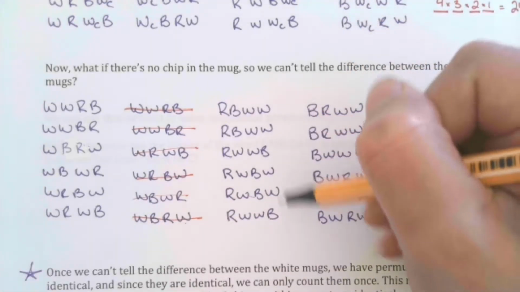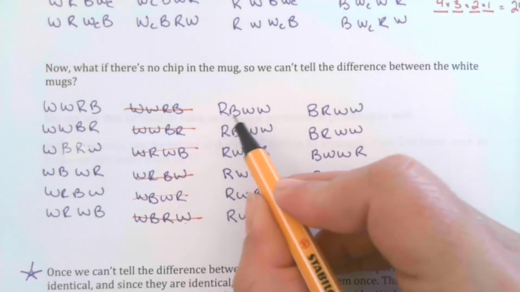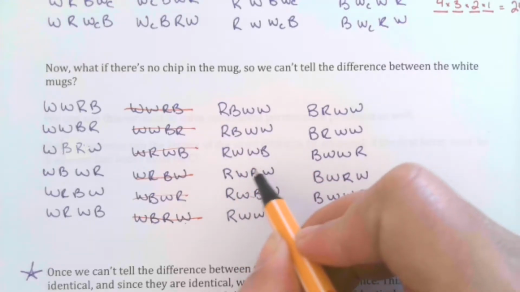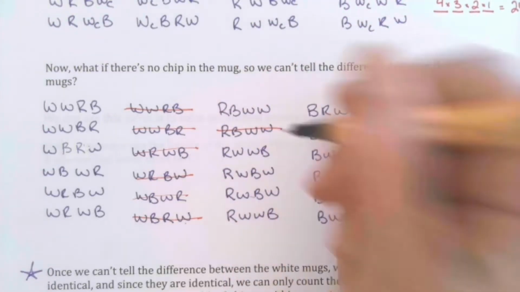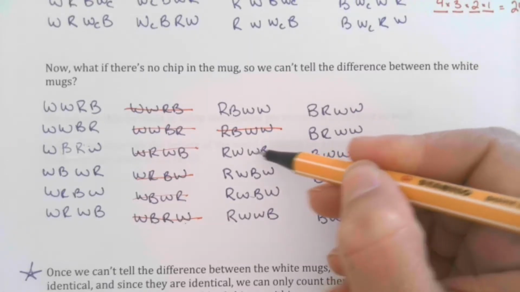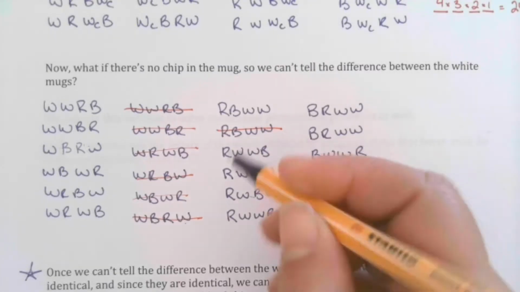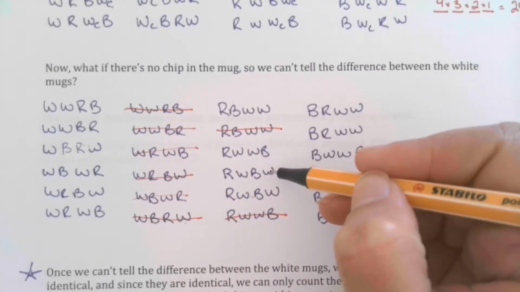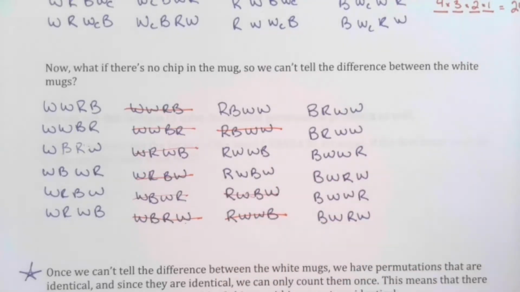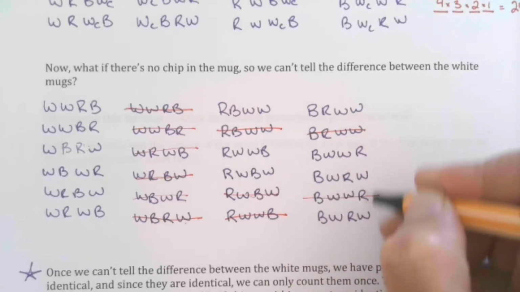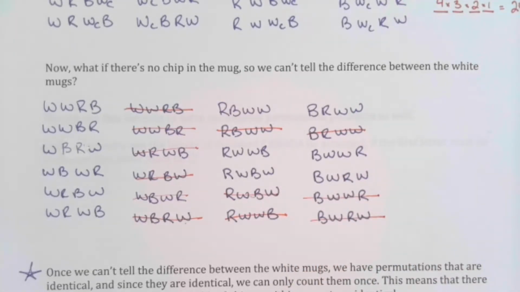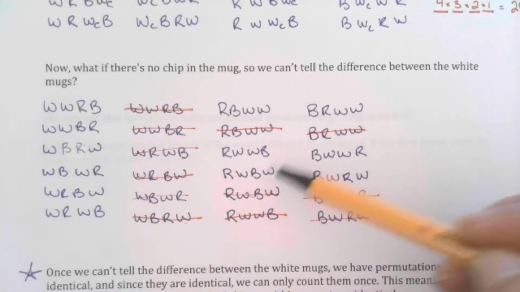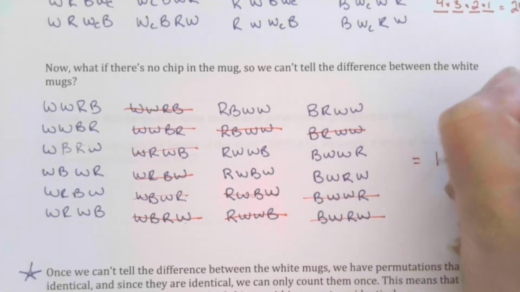When I look at, starting with my red, this RBWW is the same as RBWW, so I can only count it once. This one is the same as this bottom one, so I can only count it once. These 2 are identical, I can only count it once. I'm going to do the same thing for all of these. I'm going to cross off anytime I've got a double, and I'm going to count up how many I actually have now. So there's 6, 7, 8, 9, 10, 11, 12 in this case.